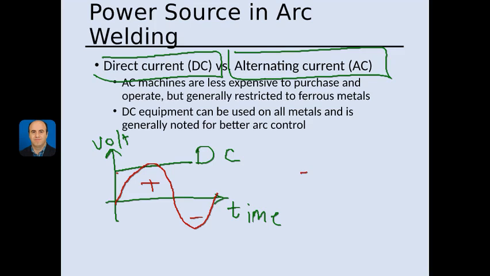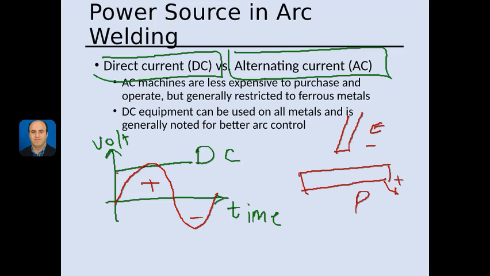So if we have a plate, let's say we have an electrode, and this is the electrode, this is the plate, and the plate is connected to the welding machine, and one terminal is positive and the other is negative. In DC we can pick which part is going to be negative and which part is going to be positive, whether it is the electrode or the plate.